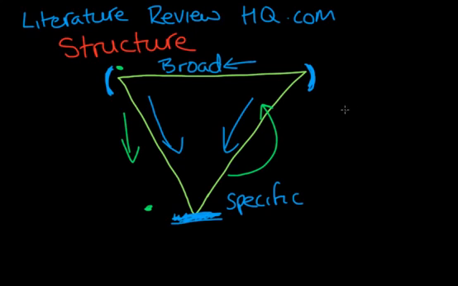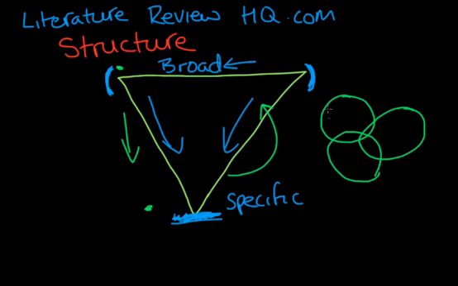Another way to do it is to think of your literature review like some circles. Each of these areas is individual in its own right. They would represent the broad aspects of your literature review, because each individual one is unrelated for the most part. So you've got all these areas that are unrelated.